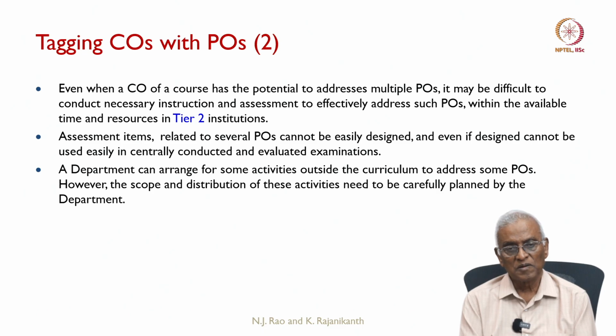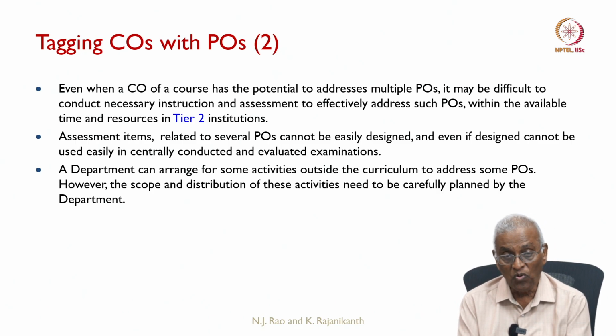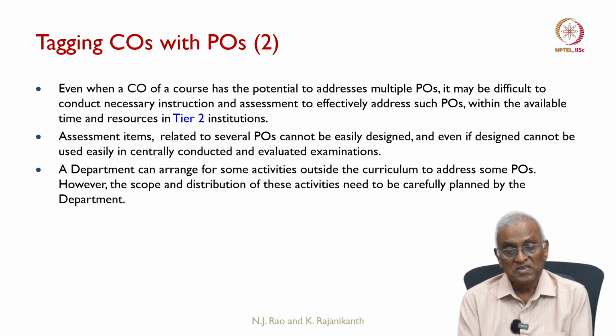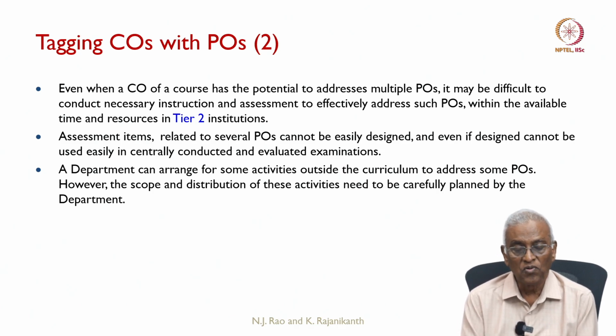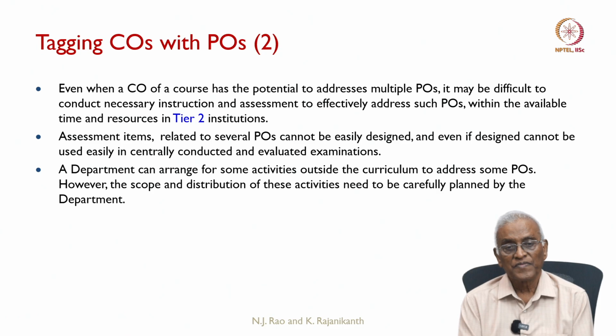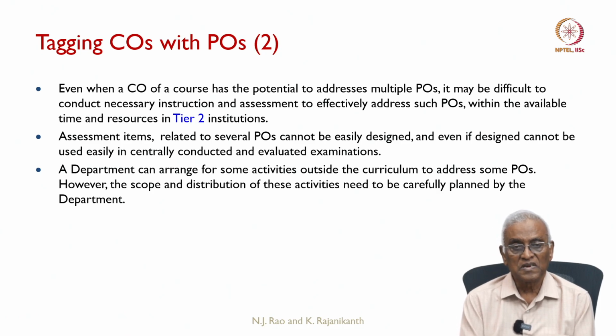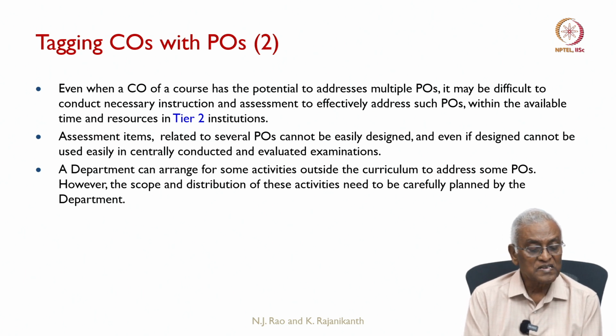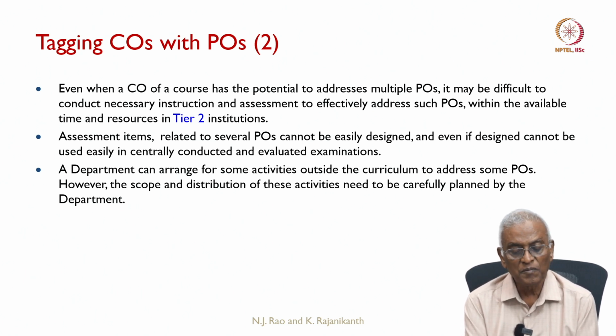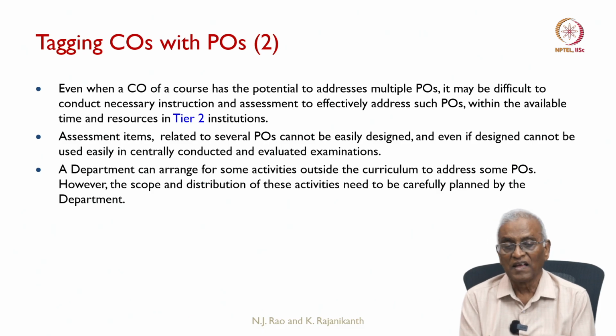Centralized examination brings its own constraints, in which case I may not be able to design an assessment item which addresses a specified PO. So, by just declaring that I am addressing a PO and not conducting any assessment representing that, I am not attaining that PO.